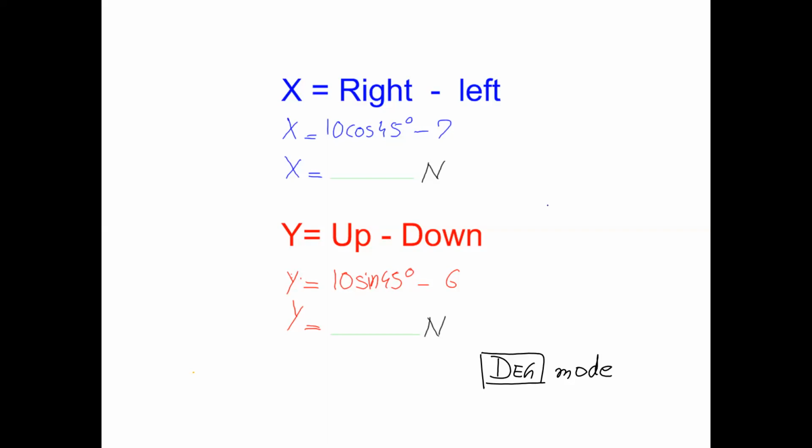Calculator is in degree mode. Yes, it is in degree mode. So please write it again. 10 cos 45 minus 7. 10 cos 45 minus 7 gives me 0.07. Now it's looking fine. Please do the calculation carefully and do it at the second calculation also.